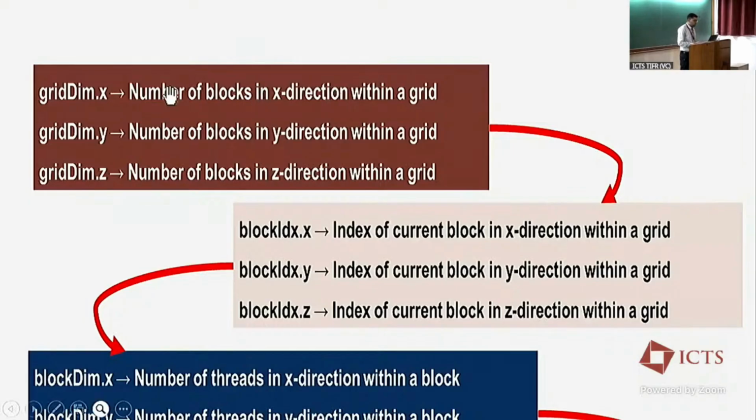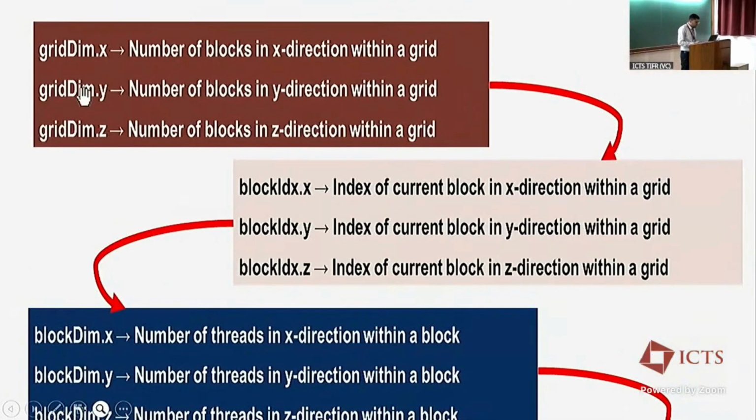To know the number of blocks in the x direction within a grid, we use this variable gridDim.x. Then the same, the number of blocks in the y direction within a grid, we use gridDim.y. Then in the z direction, we use gridDim.z, right?